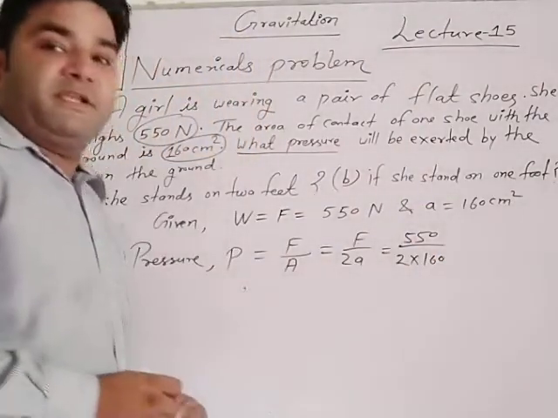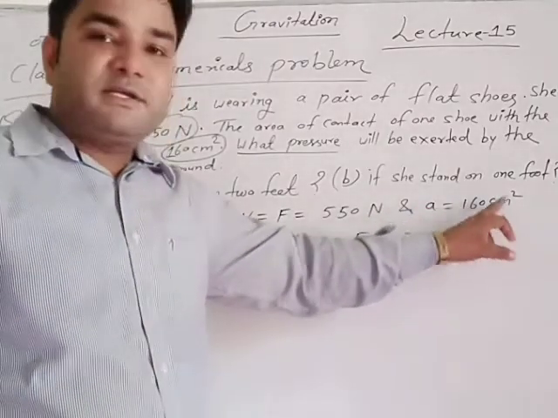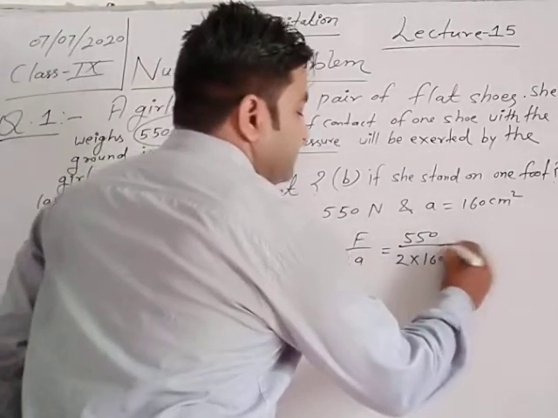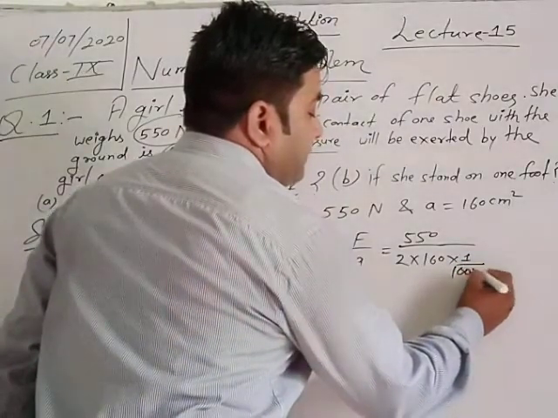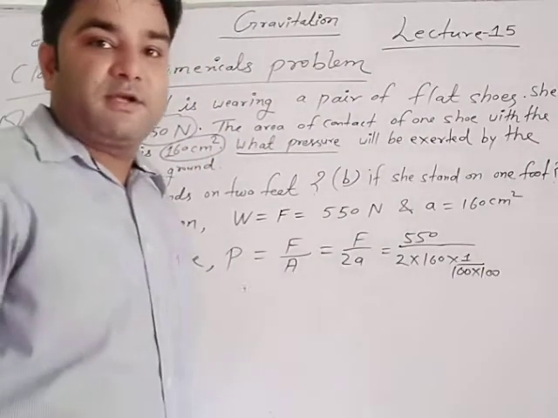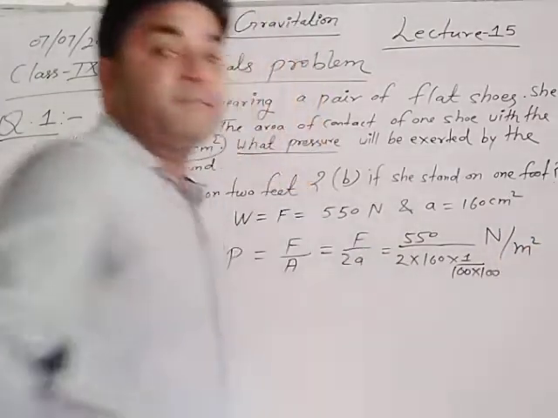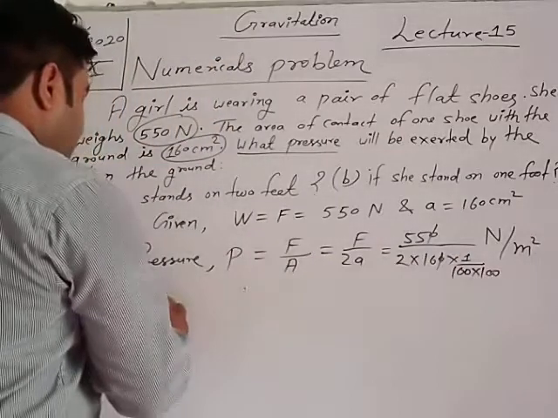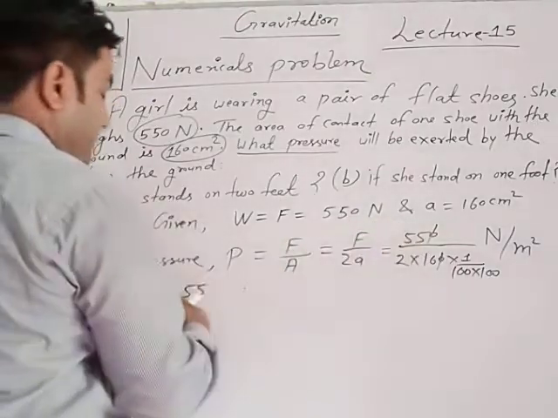The area is in centimeter square but force is in Newton, so we have to convert centimeter square into meter square by dividing 160 by 100 into 100. Then the unit will be Newton per meter square. Just see, 10 and 10 cancel out.